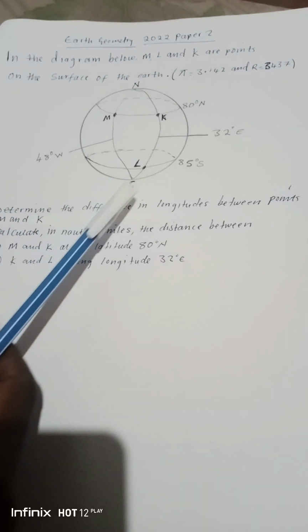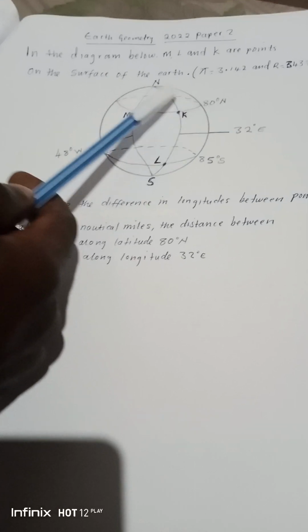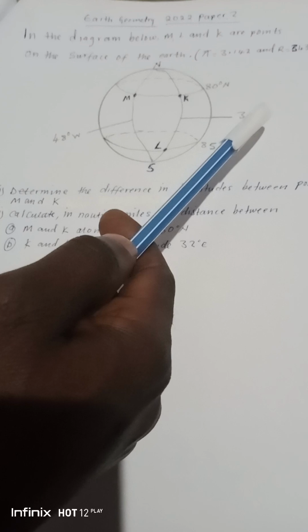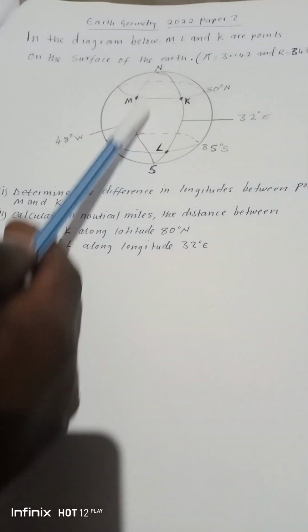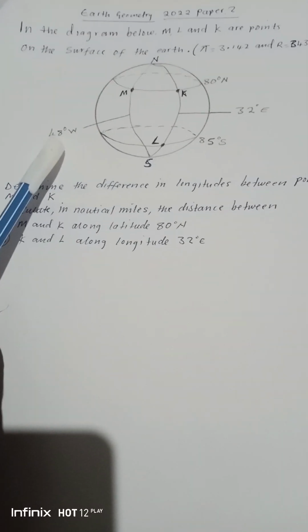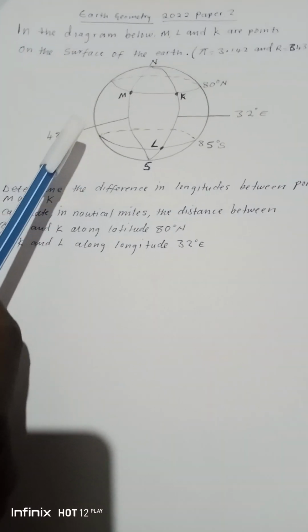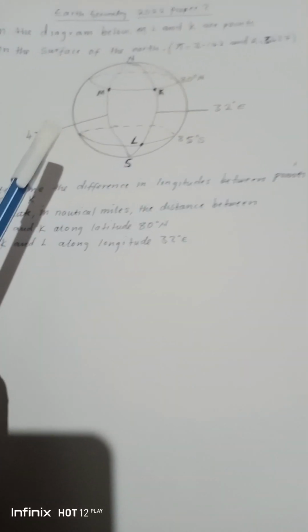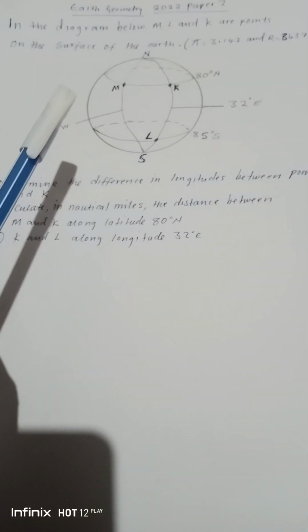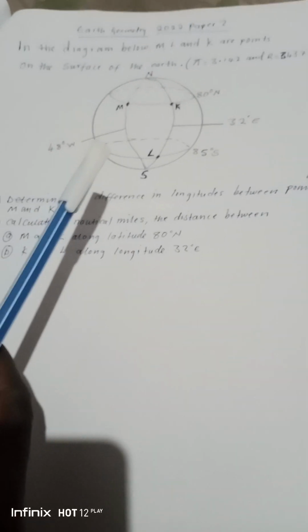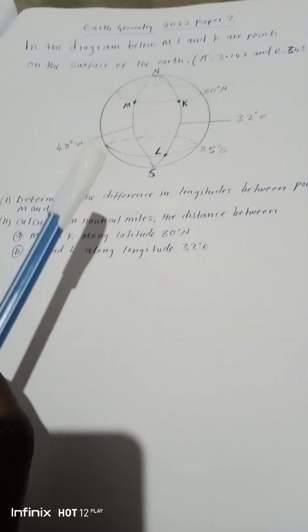There you are going to see that point K lies on this longitude, which is 32 degrees east, and point M lies on this longitude, which is 48° west. Yes, so as I explained in my preamble, these 2 points lie on different sides, so we are going to add them to find the difference.